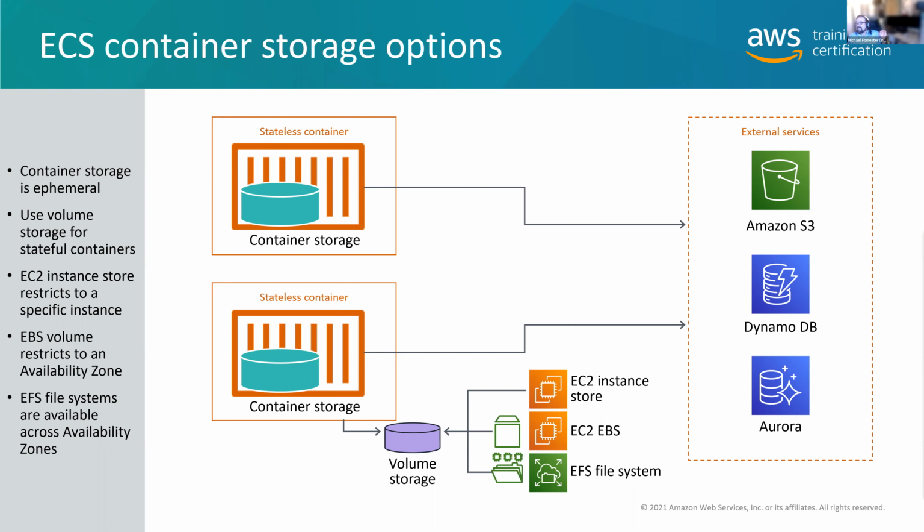Get used to running stateless applications first, then start running databases, because when you add state into a system, things start getting a little more complicated. So remember, by default, container storage is ephemeral unless you add a persistence layer to it. So EBS, EFS, or write your data out to an external third party.